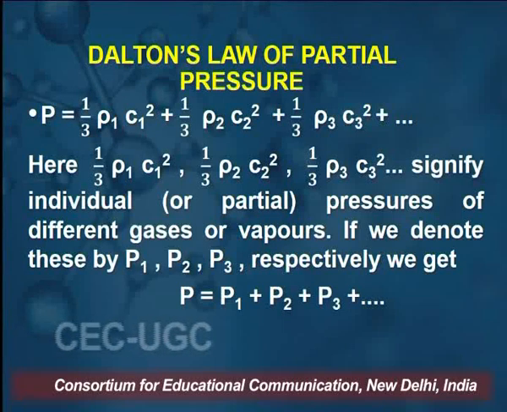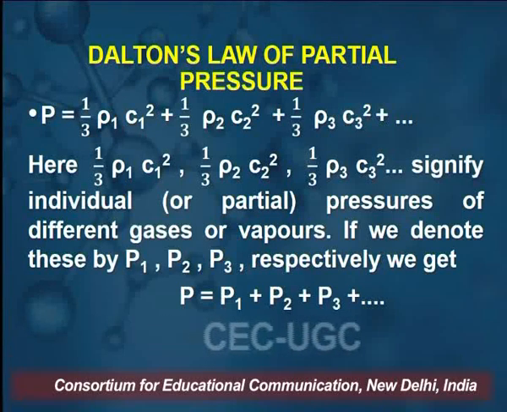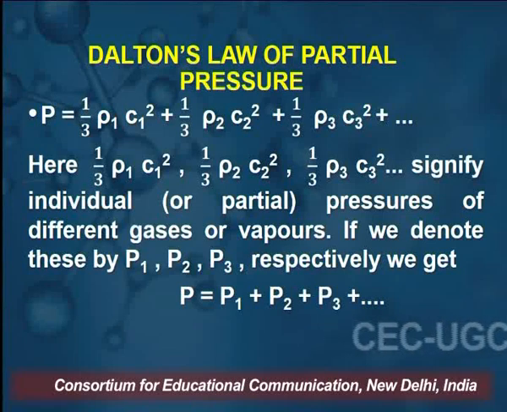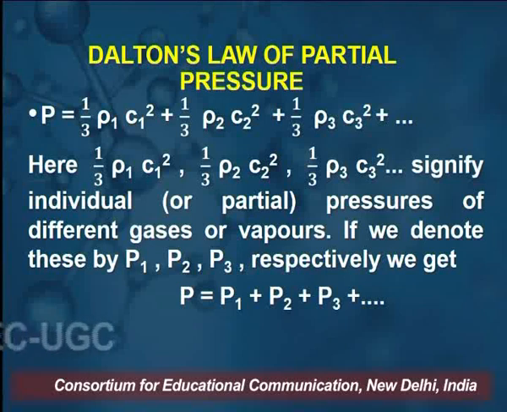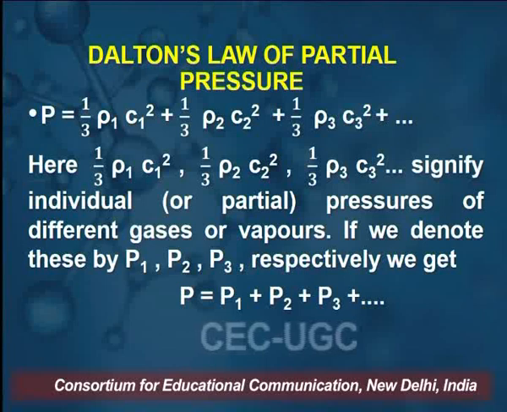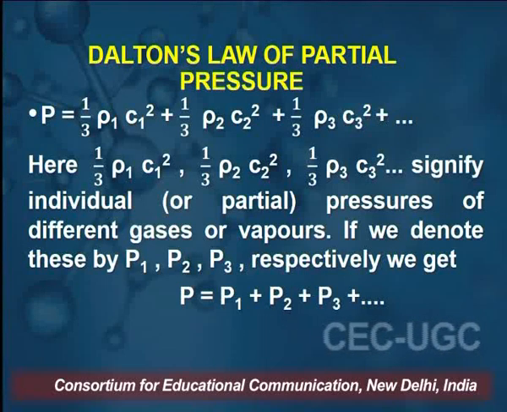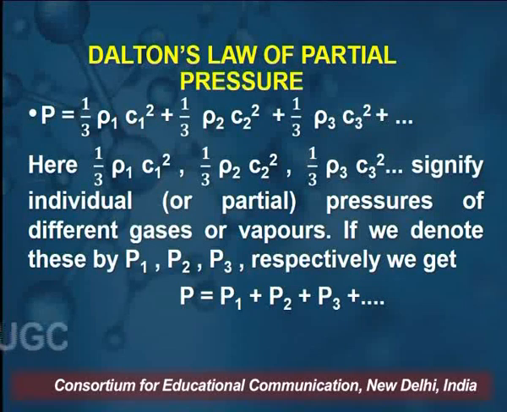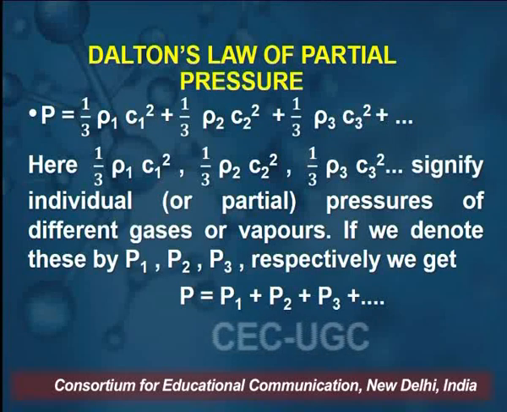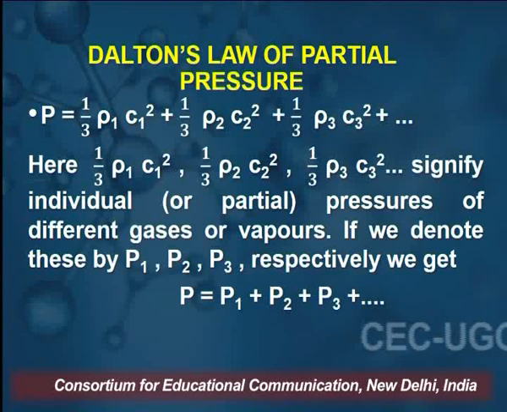Here 1/3 ρ1 C1 square, 1/3 ρ2 C2 square and 1/3 ρ3 C3 square signify individual or partial pressures of different gases or vapors. If we denote these by P1, P2, P3 respectively, we get P = P1 + P2 + P3.